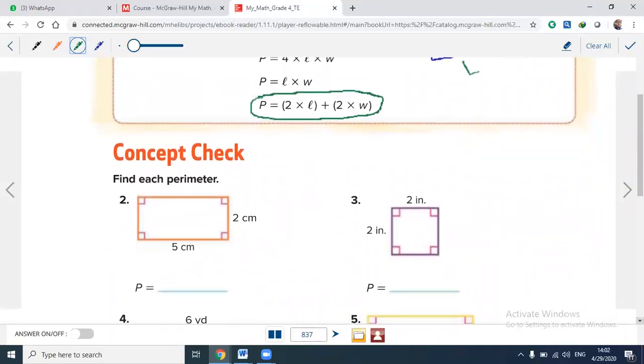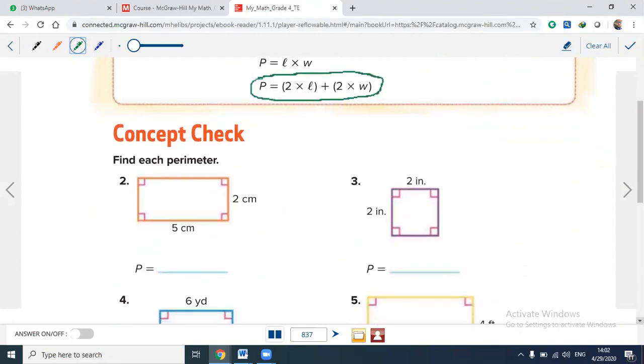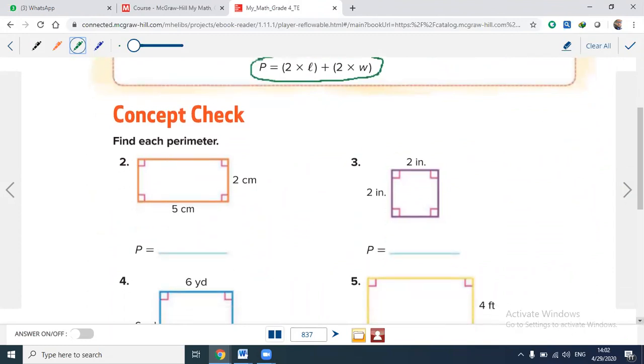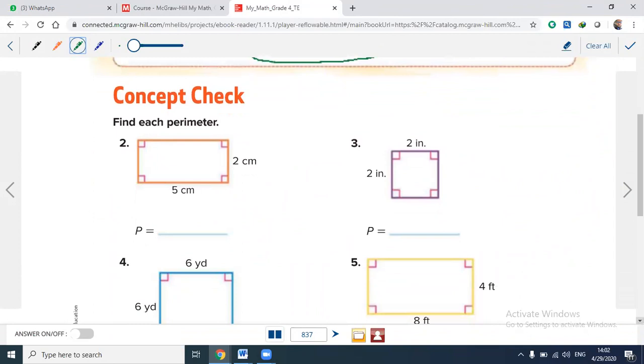As we learned before, to find the perimeter of a rectangle or square or any figure, find the total distance around the figure. I can write here 5, the same on the opposite side, and here 2, and then I can add 5 plus 2 plus 5 plus 2, to be 14.